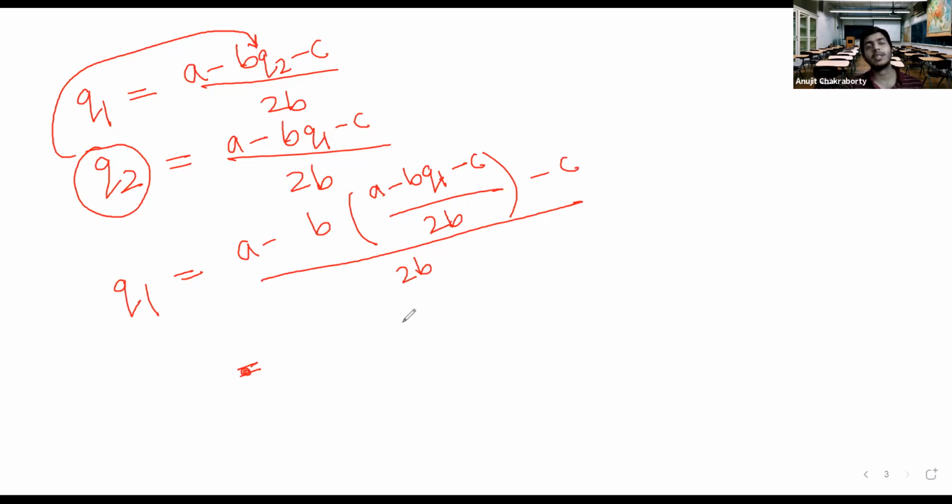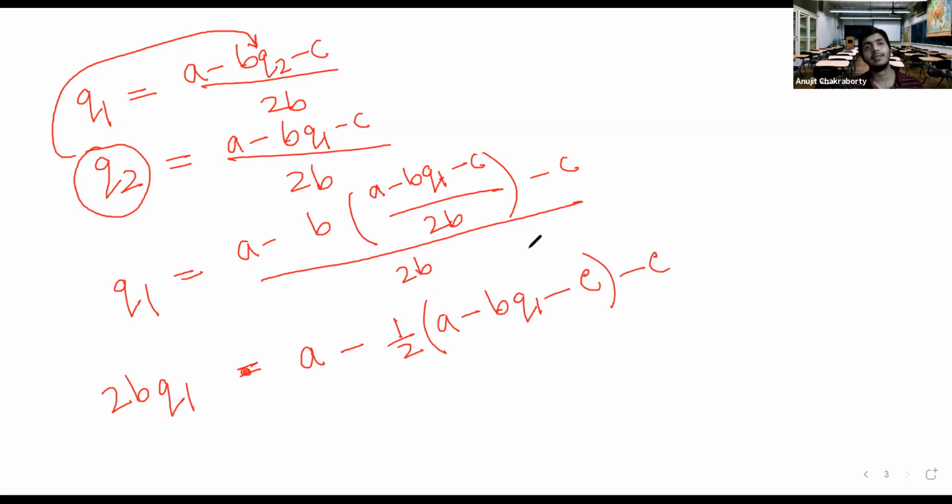Okay, so let's keep going. Let's multiply both sides by twice B, making life easier. That will give us 2BQ1 is equal to A minus half of (A minus BQ1 minus C), because these two B's cancel out. Now multiply both sides by 2 again.